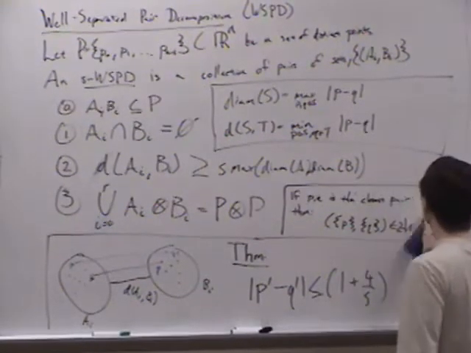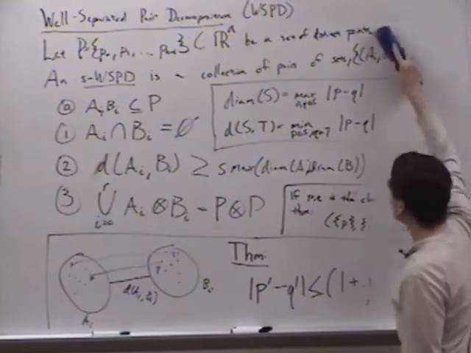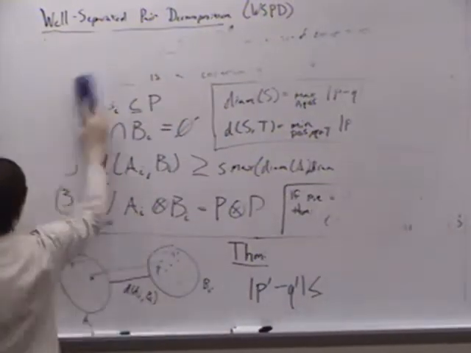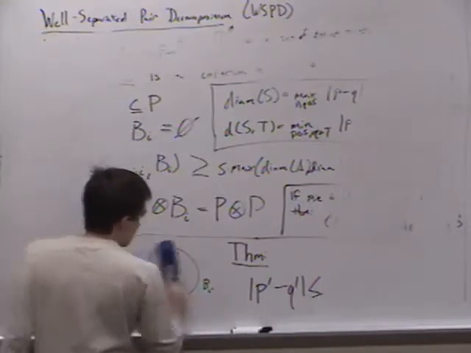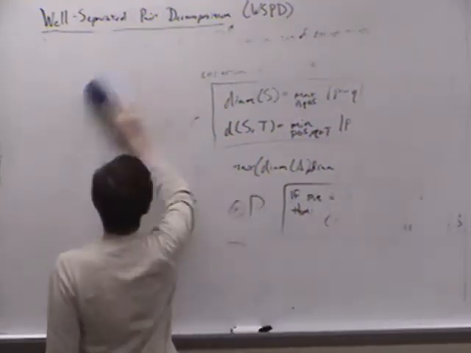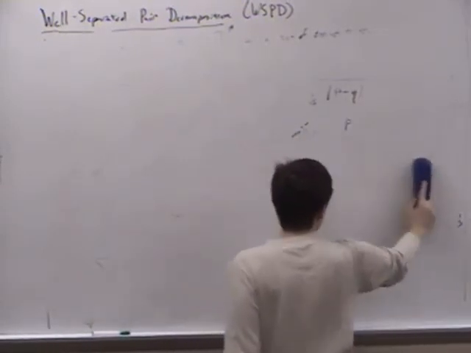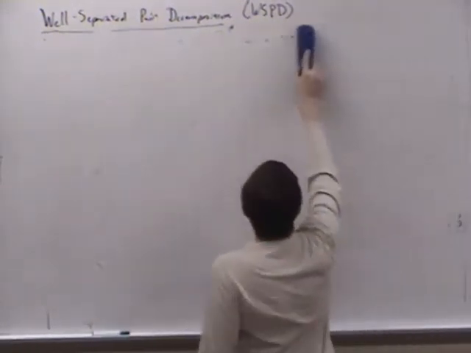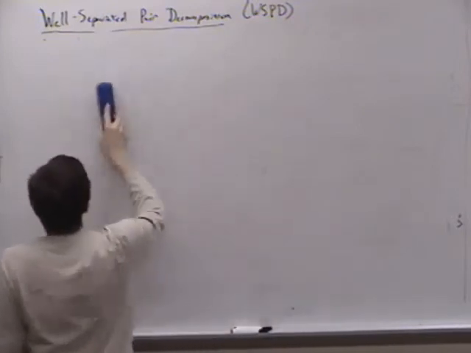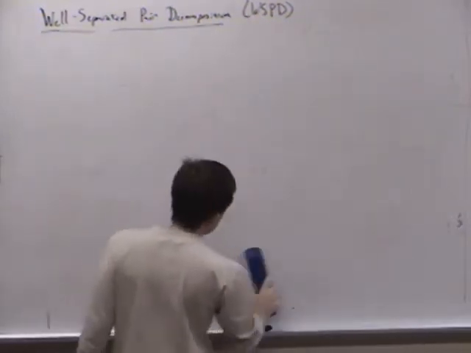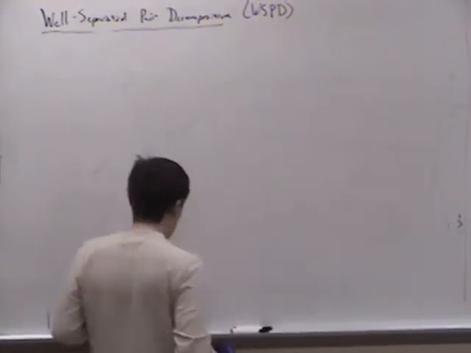I'll start out by explaining an overview of what we're going to do. So I'm going to erase all of this. The first approach to building a well-separated pair decomposition uses this data structure called a fair split tree.